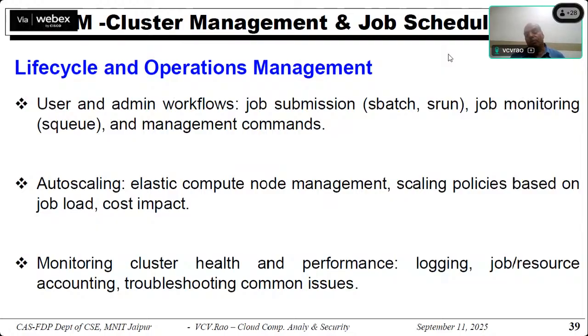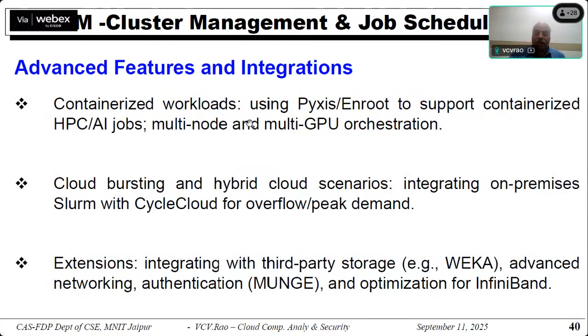Based on the job load, you can allocate more or fewer processes. And how do you monitor the entire cluster health and performance? How have job accounting and troubleshooting been done? All these things which exist in high performance computing clusters have now been brought under a single umbrella. That's where Slurm and Azure Cloud are going to drive actually.